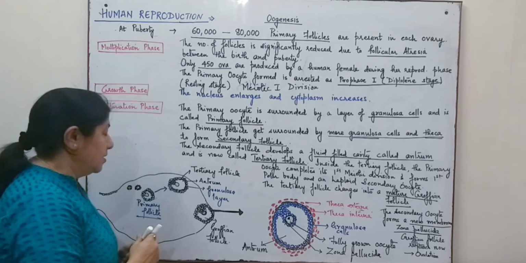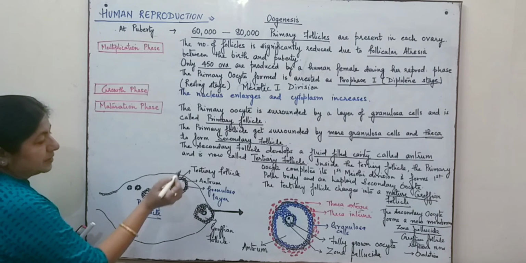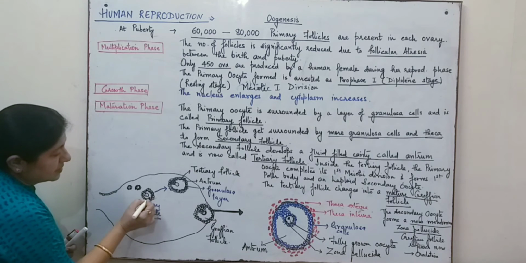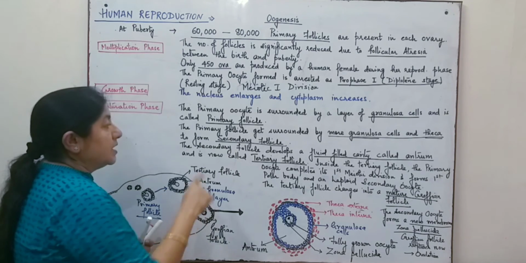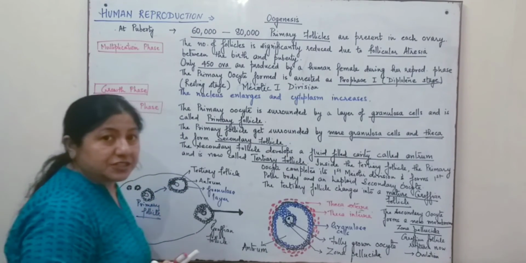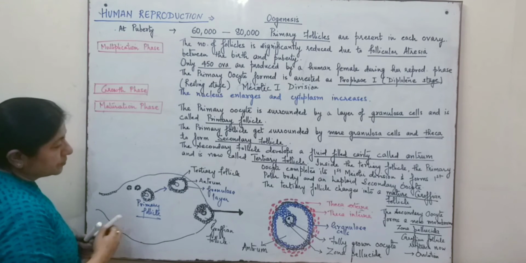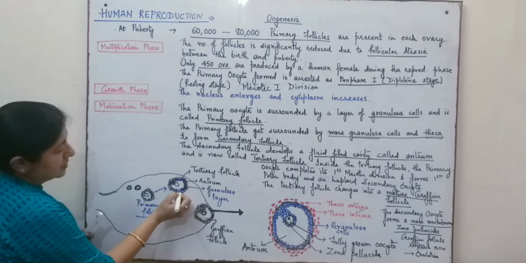surrounding the primary follicle to form gradually the secondary follicle. So more cells are added over there, and they will be forming the secondary follicle. The secondary follicle develops a fluid-filled cavity which is known as antrum. Now, as you can see over here, these blue ones are the granulosa cells.